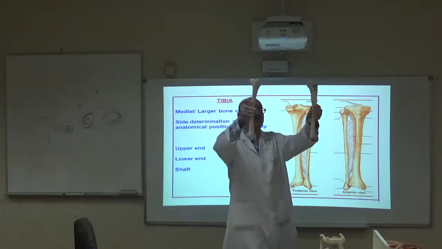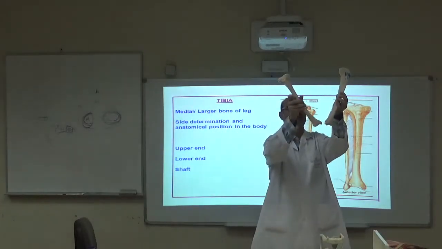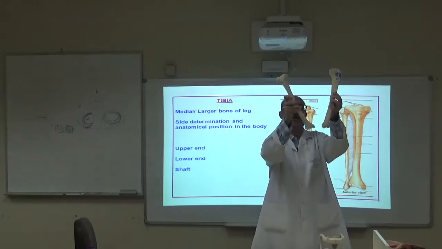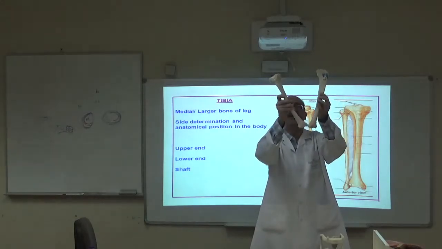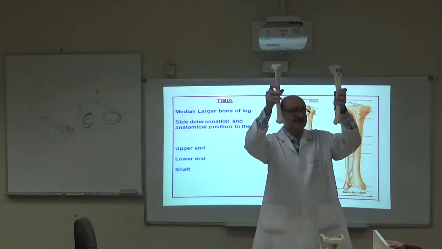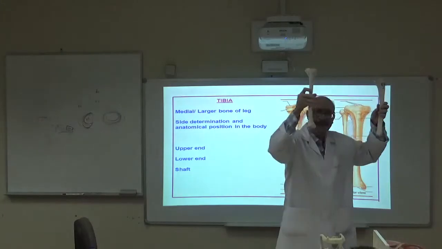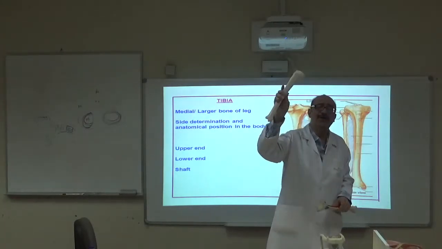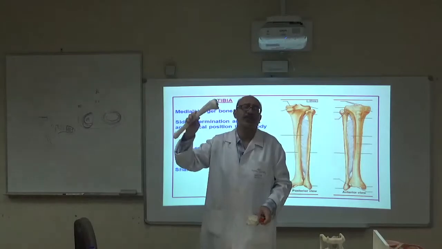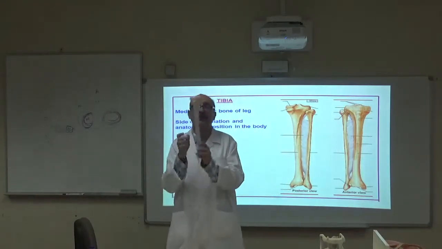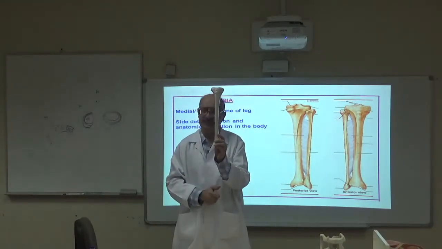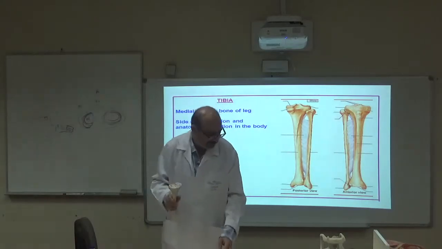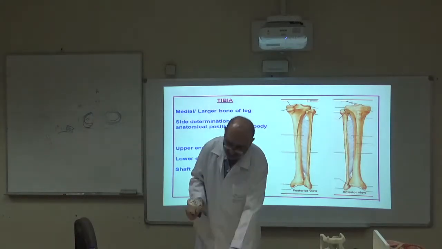See both of them together. See the two malleoli. When we say two, they are called malleoli; one is a malleolus. With me? So now you know how to tell right or left and the anatomical position. The anatomical position is an acutely vertical bone in the body. They are attached to the femur like this.